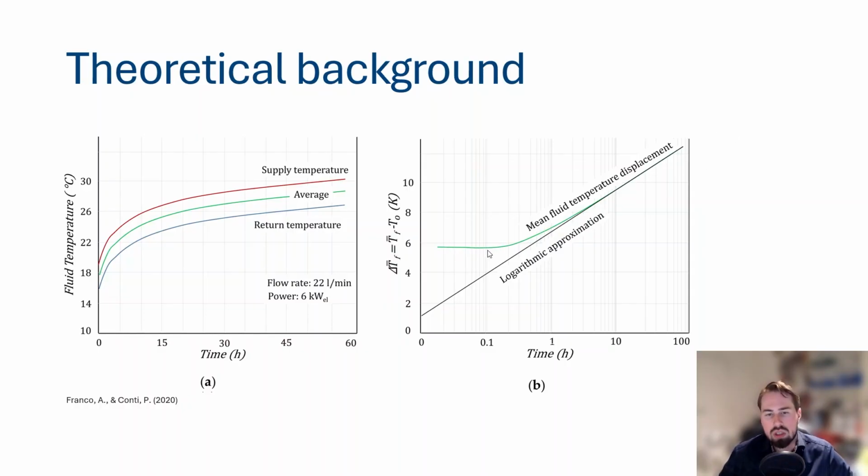The main advantage of this curve, although it's somewhat more difficult to read, is that after a certain amount of hours, typically after 10 to 12 hours, we end up in the region below, and we can see that our temperature here is exactly linear. So we can make a linear regression, which is the line you see here, which says logarithmic approximation. And this line, which is a linear curve on this graph, can be used to estimate the parameters.